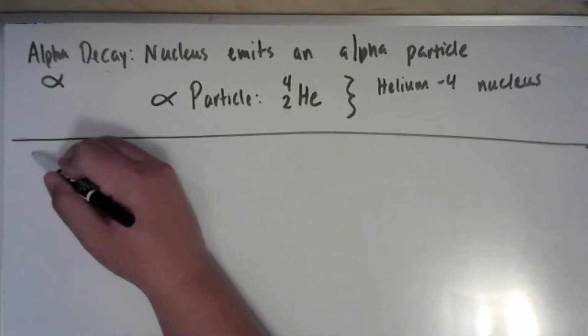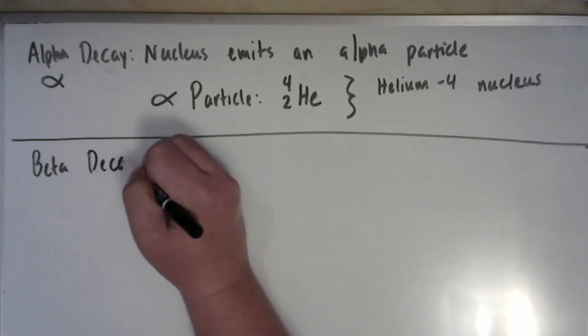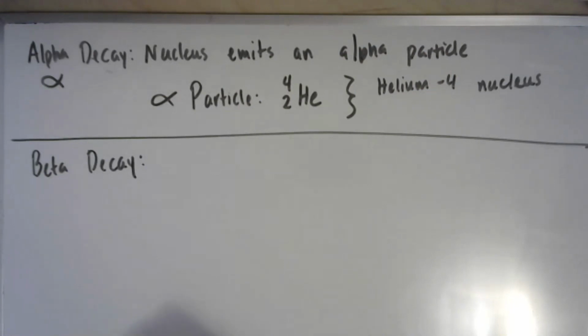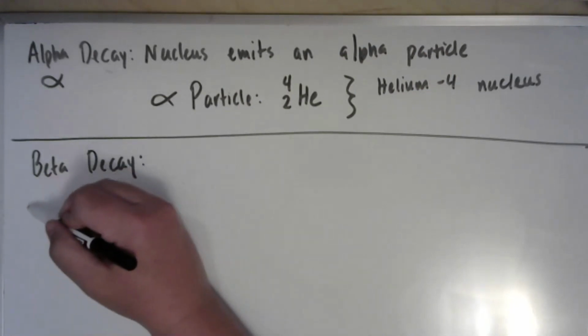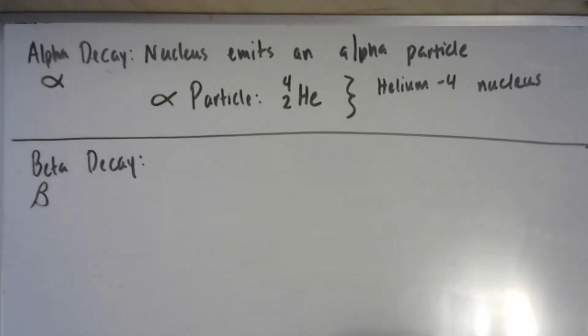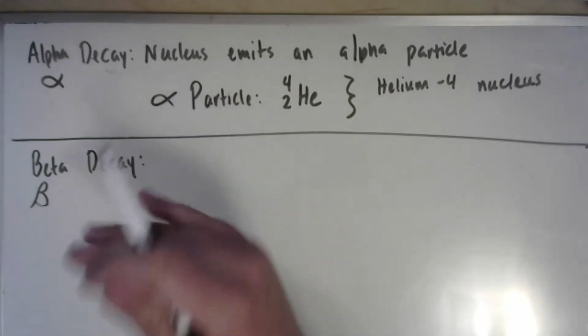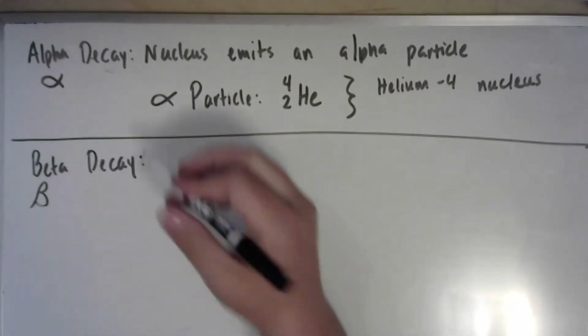Next type of decay is called beta decay. That's going to be represented by what looks like a fancy script B. Beta decay is when you have an unstable nucleus and it ends up emitting an electron.